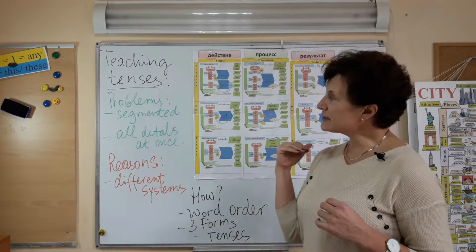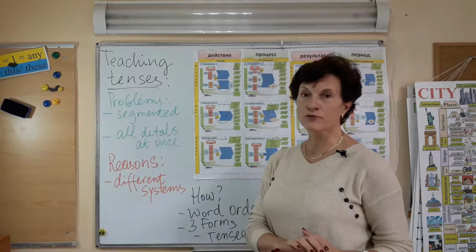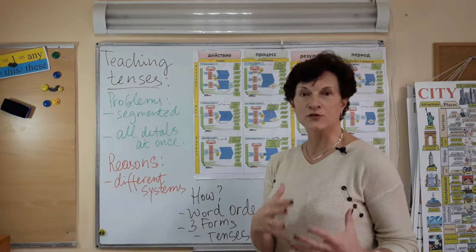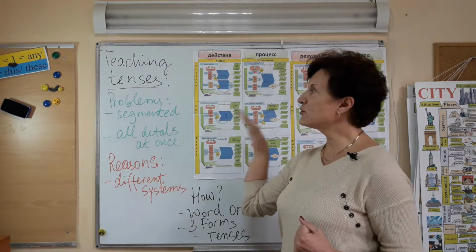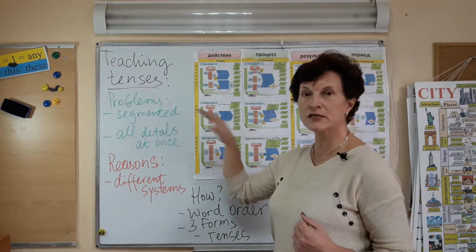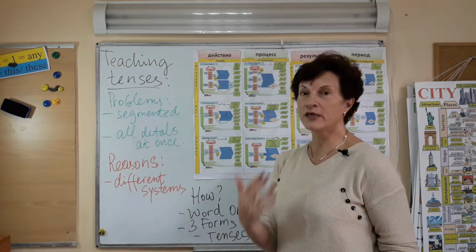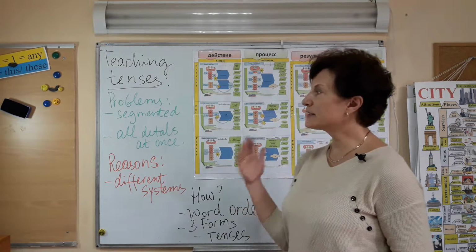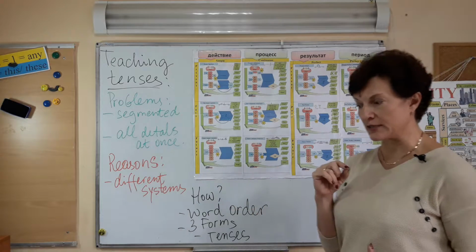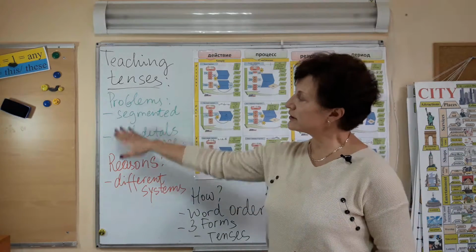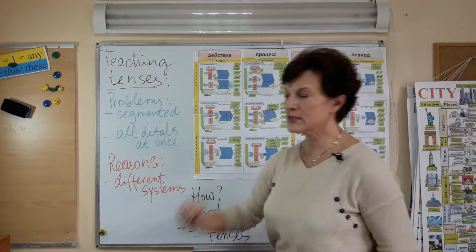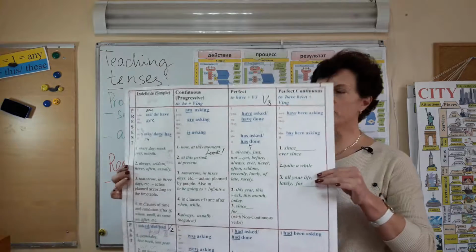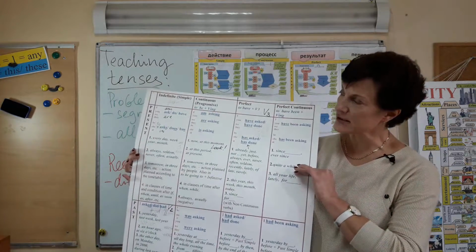So the next way of teaching tenses is giving all details at once. If we talk about present continuous, we will be talking about all cases of using present continuous. And the same will happen to each tense. Taking all these moments into consideration, before in Interclass we used this tenses map.